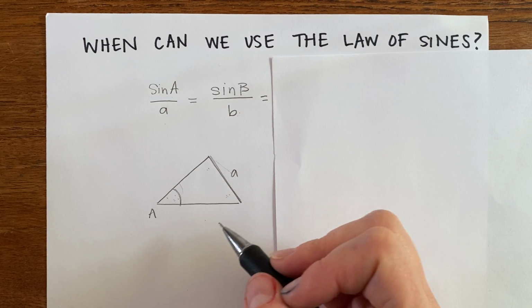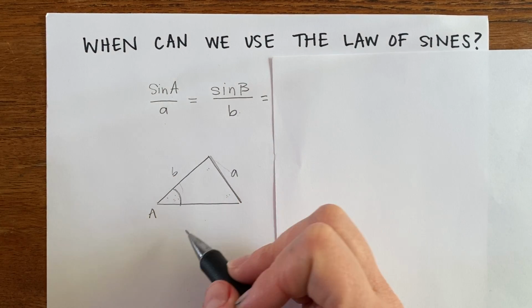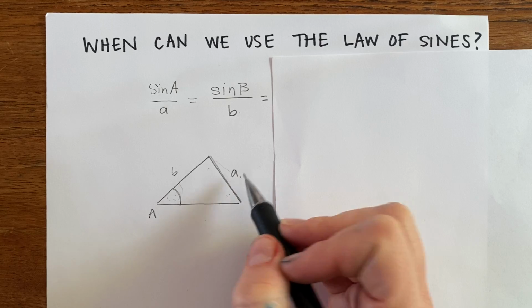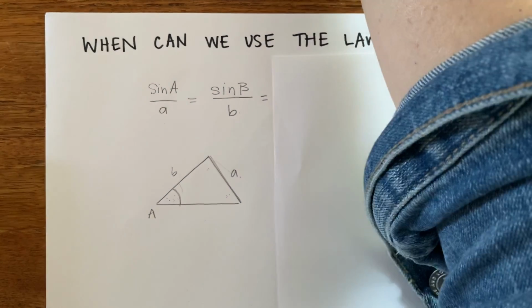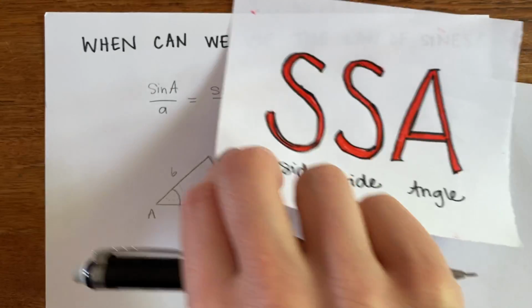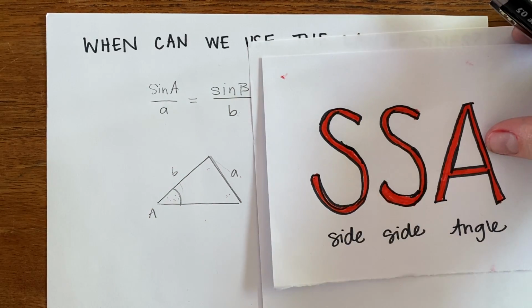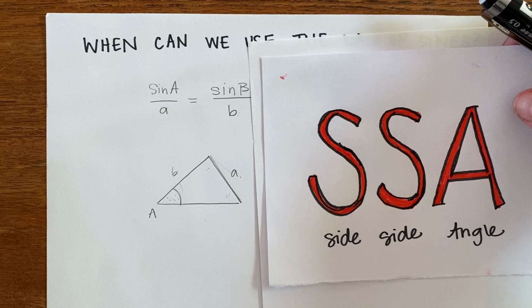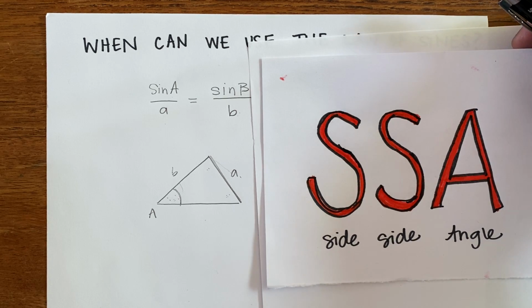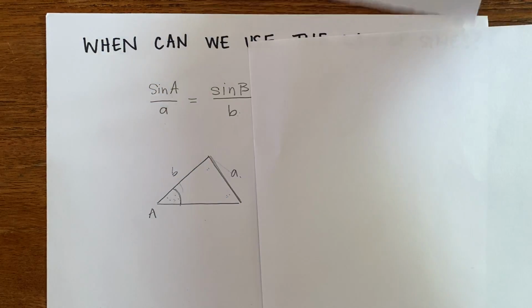We'd either need side B, but look at that, that's angle side side, and we remember that angle side side, oh dear, that's a no-no, right? That is not a congruency shortcut, so we're not going to use that here today. Tomorrow, we'll look more into it.